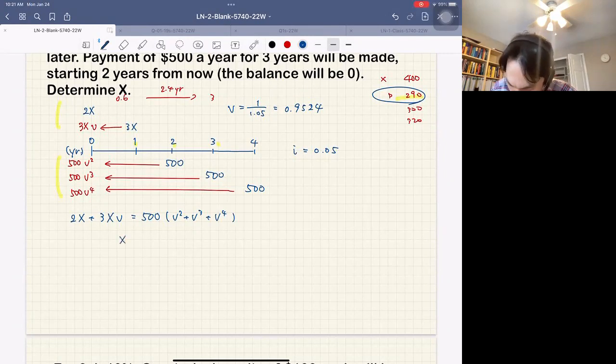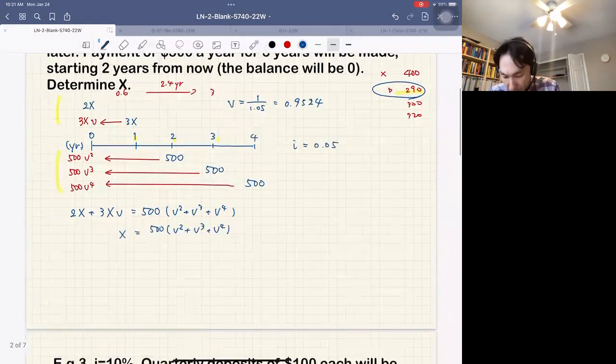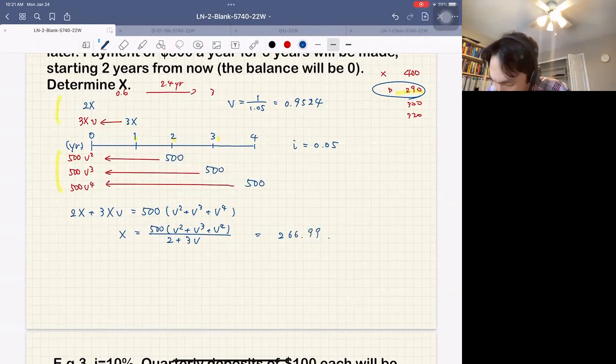So that means x is equal to 500 times (v squared plus v cubed plus v to the fourth power) divided by (2 plus 3v). So plug in numbers. Then 266.99. So 290 is the closest answer.